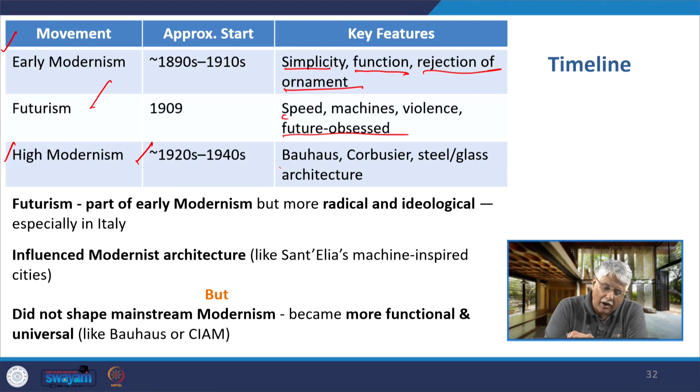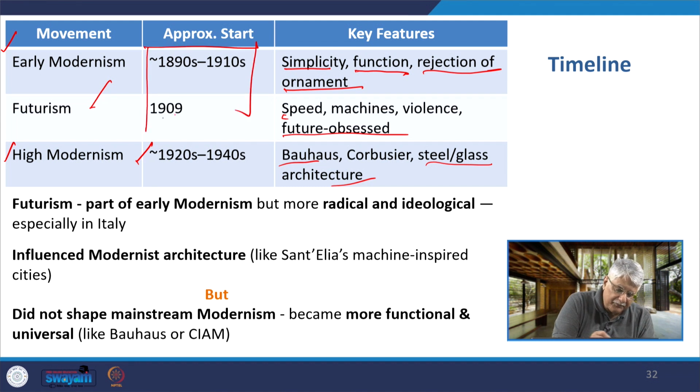There was Bauhaus, there was steel and glass architecture, there were the 5 points of a new architecture by Corbusier, all this dominated.